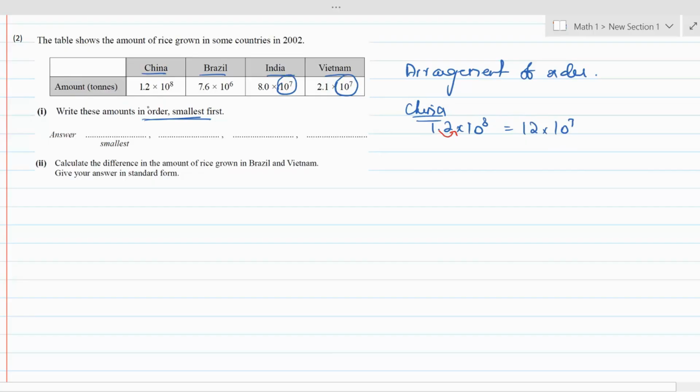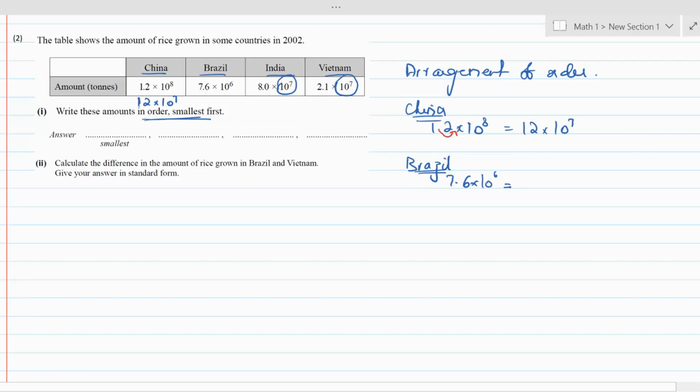So we have China's amount as 12 into 10 power 7. Same thing will work for Brazil because Brazil is having 10 power 6. So 7.6 into 10 power 6 needs to be converted to 10 power 7.